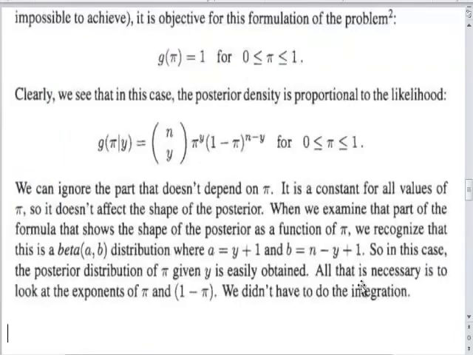This is the binomial function: n choose y, pi to the y, 1 minus pi to the n minus y. This is the probability of the observation y given pi, the probability. Now, in the maximum likelihood method of estimation, the first thing we do is switch our orientation and make this the likelihood function.